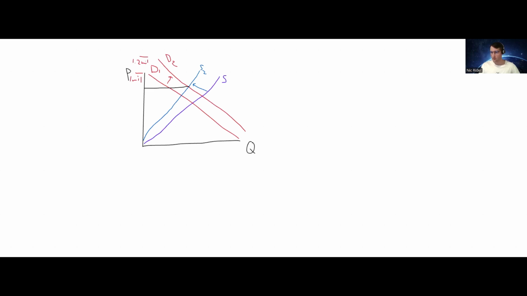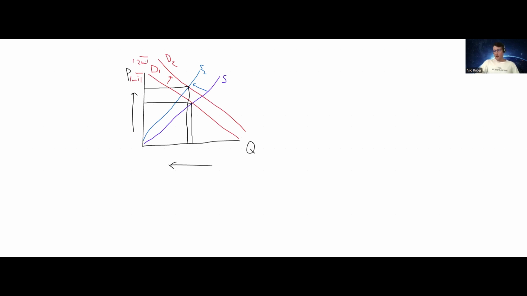That's the new market equilibrium there. And then we look at the old market equilibrium, which was between D1 and S1, which is here. As you can see, when quantity drops or goes down this way, price goes up this way. And that's basically supply and demand.